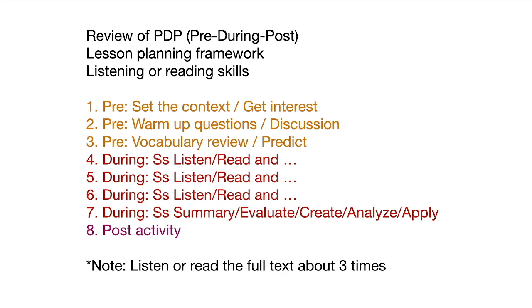And then the final during step should be the most comprehensive. Perhaps something like summarizing, evaluating, creating, analyzing, or applying the information. I'm going to give you some examples of those in this video.